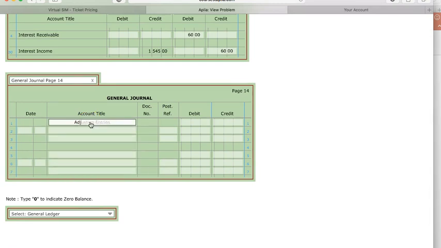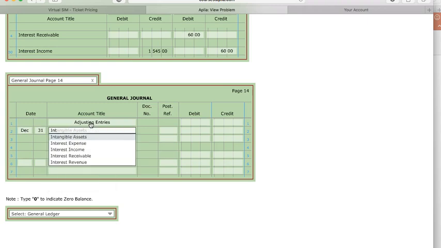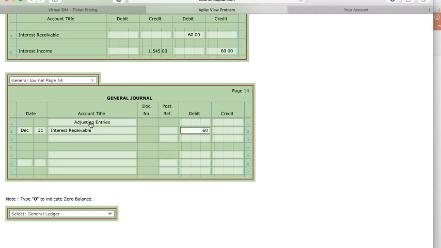So we have to put our title. And first, this is for December 31st, first we are going to debit interest receivable for $60. And then we're going to credit interest income for $60.